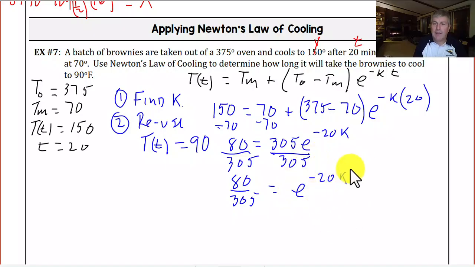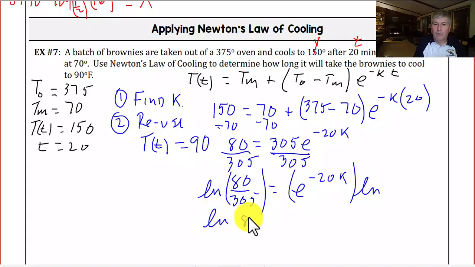So I've got to get that k out of the exponent, so I'm going to natural log both sides. So I get the natural log of 80 over 305 equals negative 20k times natural log of e.